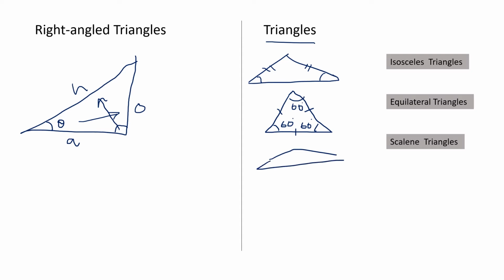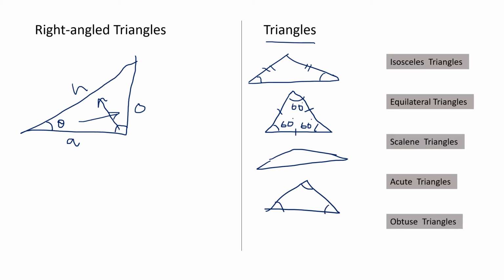It's not necessary that any side must be equal to any other. Acute triangle, where all the angles are less than 90 degrees. Last one is obtuse, where one angle is bigger than 90 degrees.